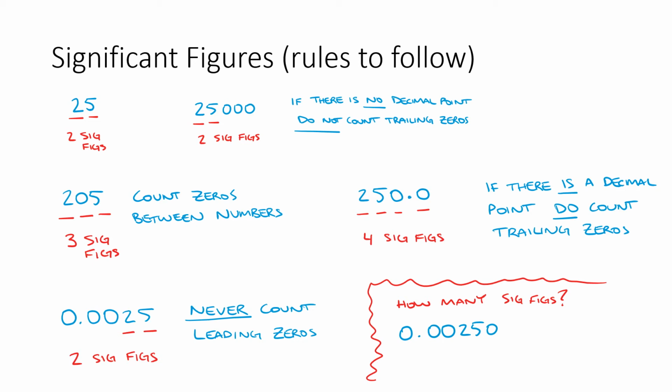What if it's a very small number? Actually, before it goes small, let's go really big. What if it's like that? The one thing to look out for: there's no decimal point.